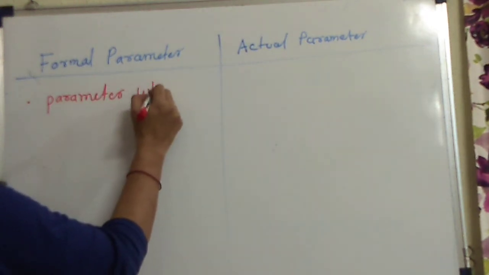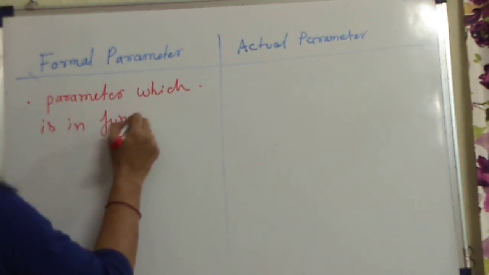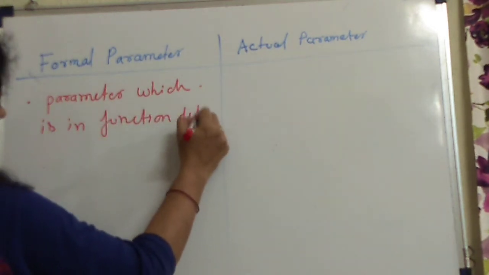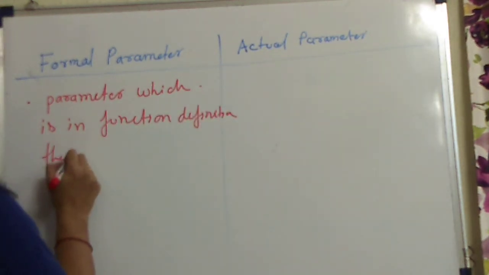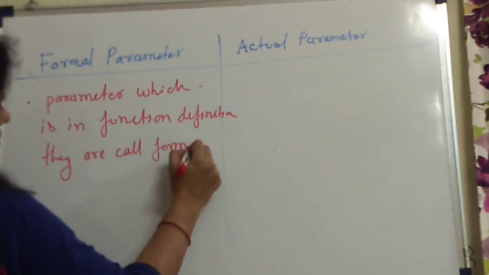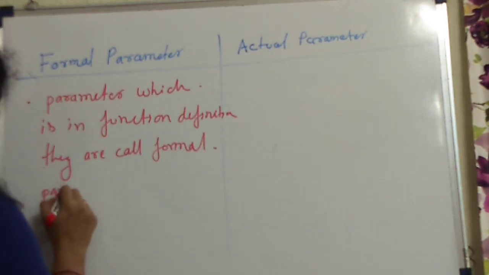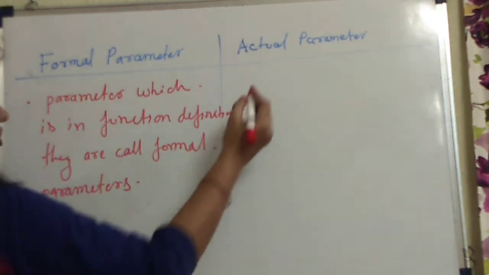Parameters which are in the function definition are called formal parameters.